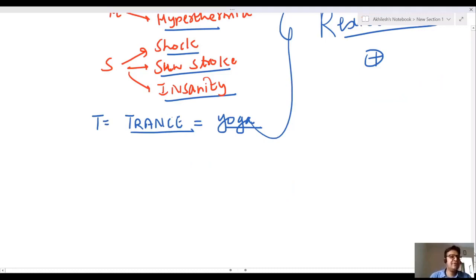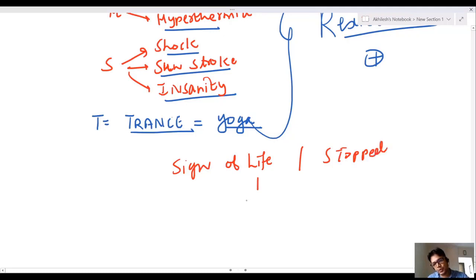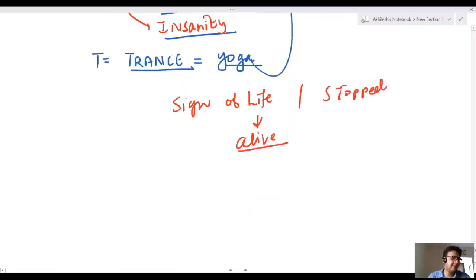Animation means sign of life, suspended means stopped. But good news is you are alive. This condition is known as suspended animation.